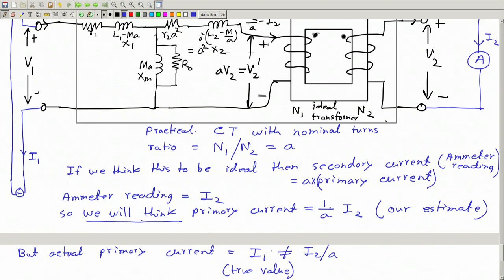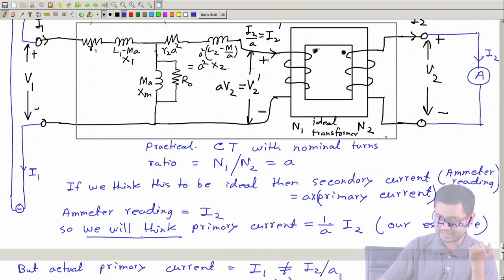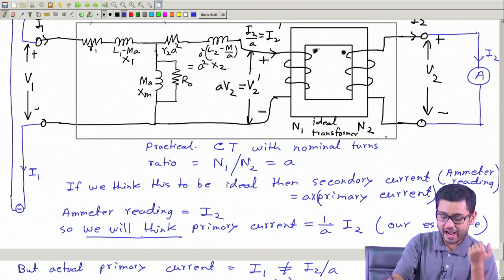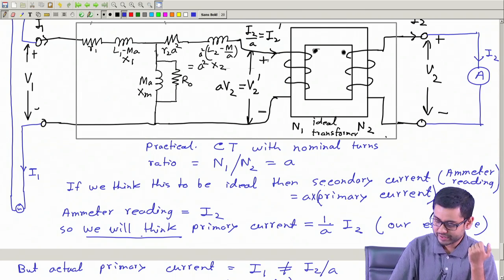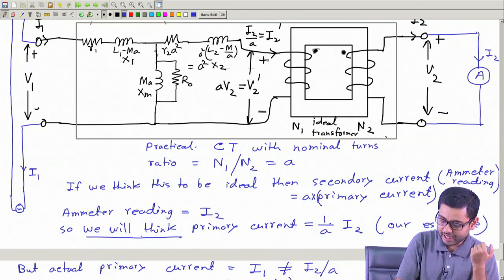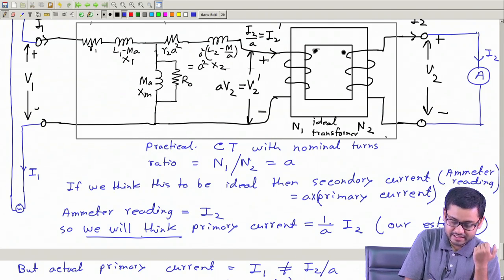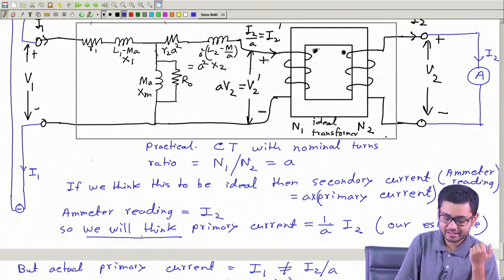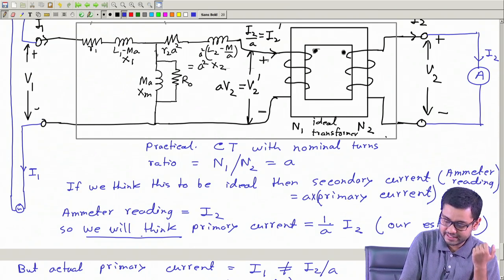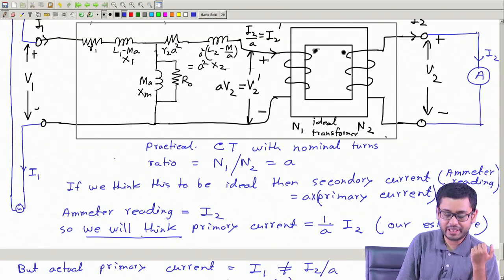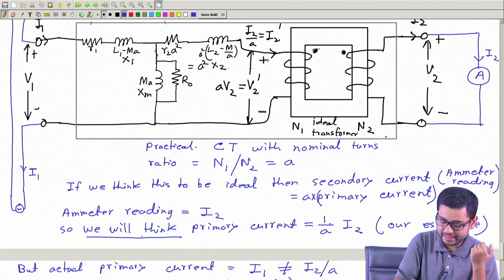Now why are these two not equal? Let's see in this equivalent circuit. If this is I2, then I2 by A is actually this I2 prime, which is flowing here, and I1 is this current which is flowing here. This current is not the same, because some current can get bypassed through this branch.